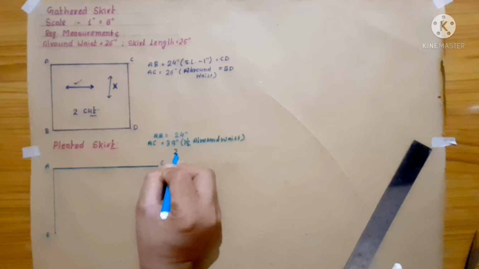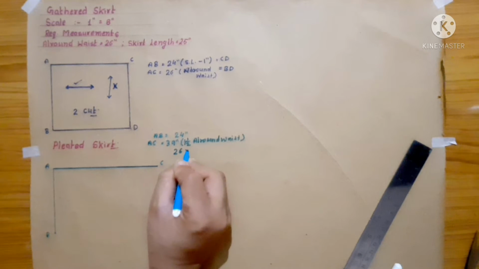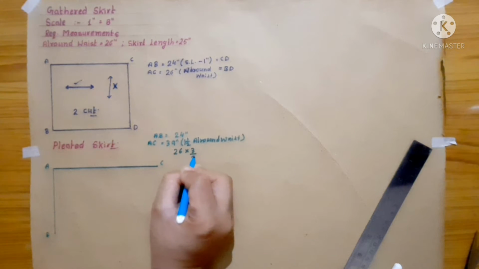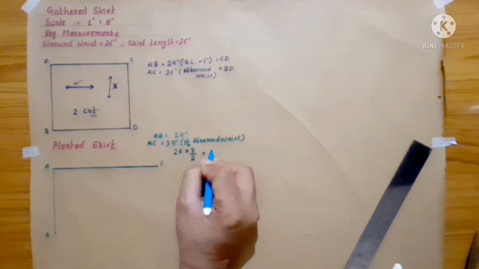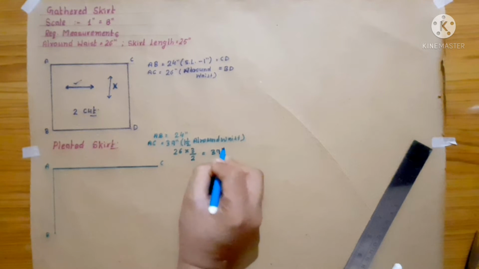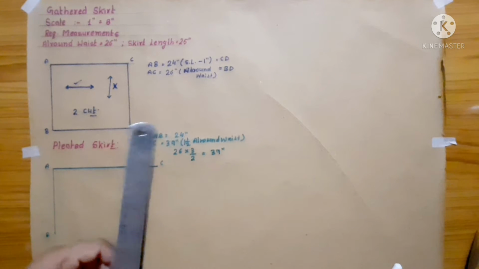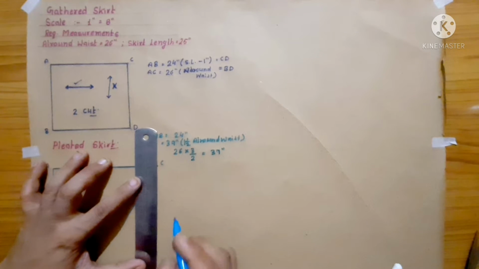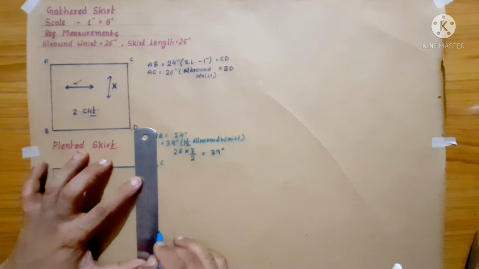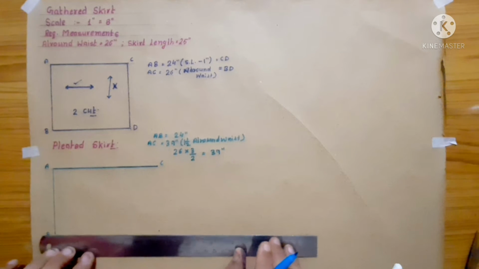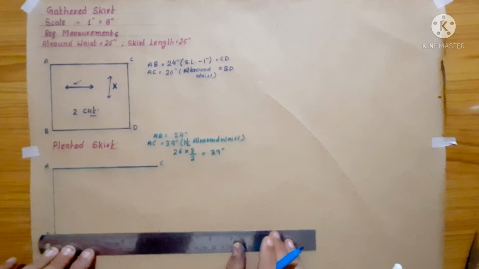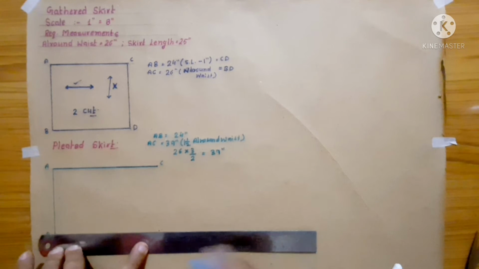That means 26 multiplied by 1.5 is equal to 39 inches, right? In the same way, here we have to mark a point D, that is of 39 inches.